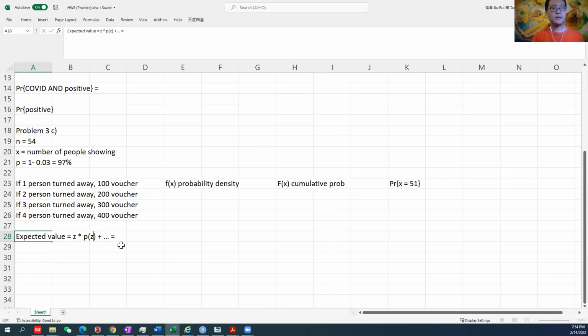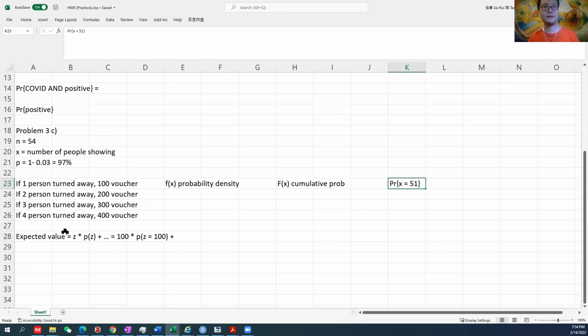So what we need to multiply is that, for example, for the first occasion, it'll be $100. That's the value of Z times the probability of Z equal to 100. But it's also the same as X equal to 51.